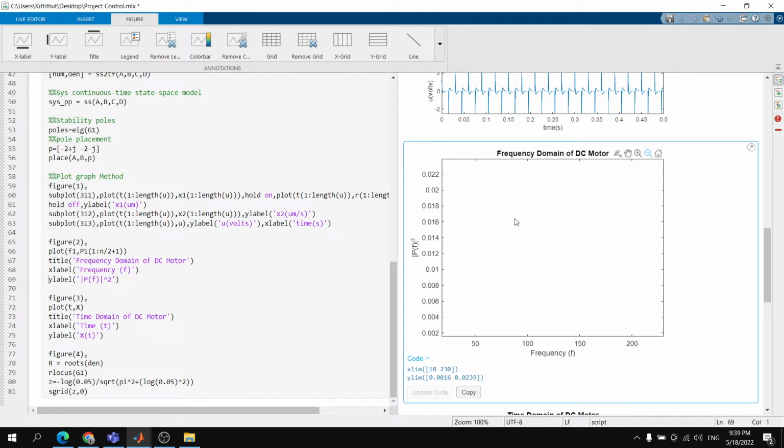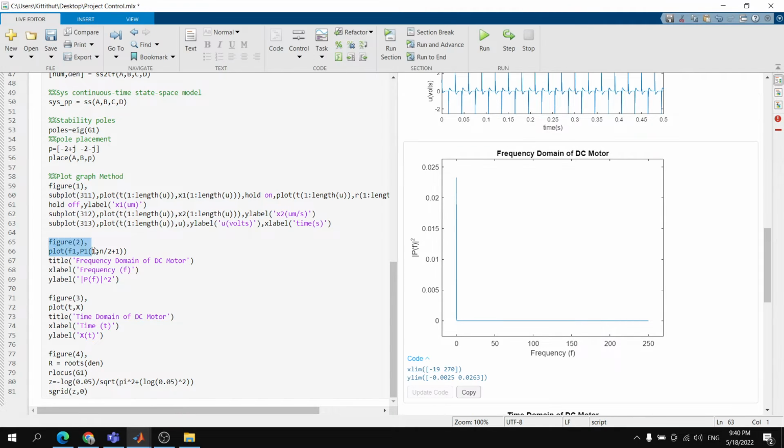Okay, the graph appears as a frequency domain, and zoom in.